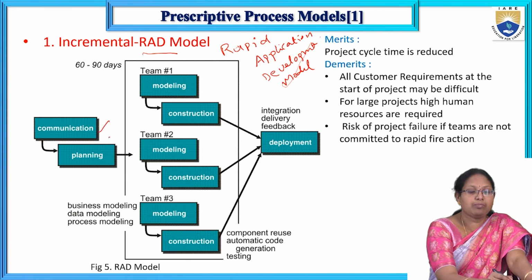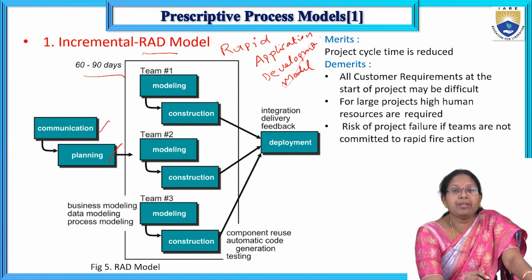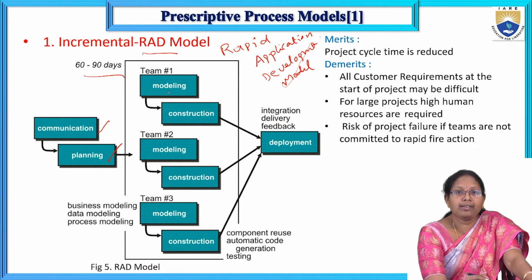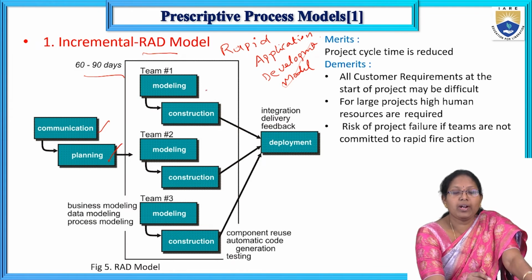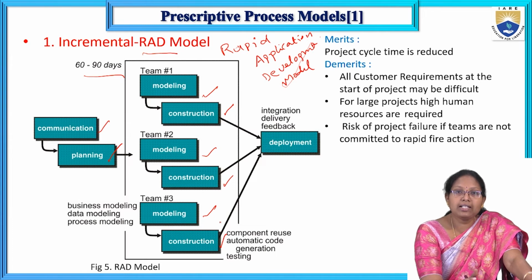Here communication as well as planning is done, depending on the schedule. So many teams are there in the project development. One team works on modeling and construction of one module, the second team does the modeling and construction for the second module, and other people work on modeling and construction for another module.